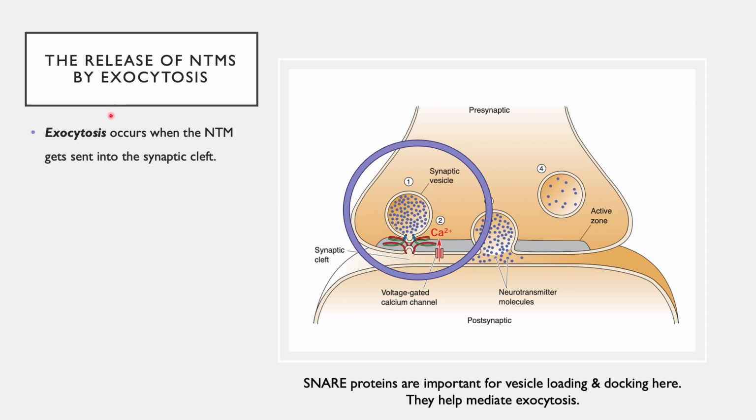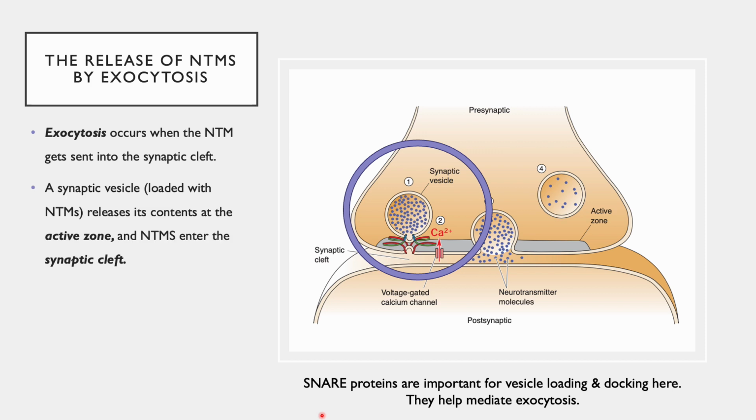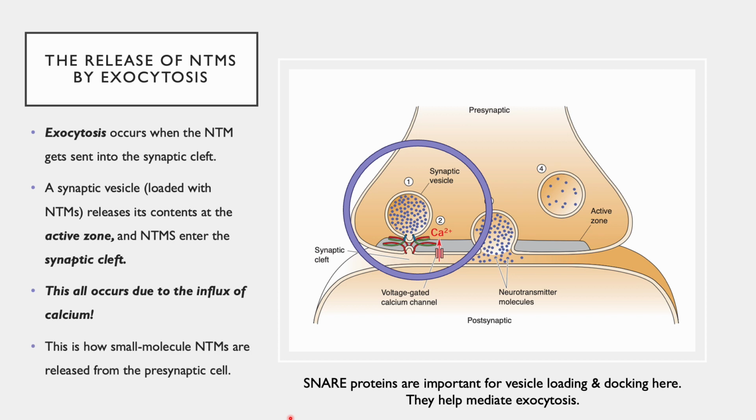Exocytosis occurs when the neurotransmitters are actually sent into the synaptic cleft. So this synaptic vesicle shown here is loaded with neurotransmitters and needs to release its contents into the active zone. Thus, these neurotransmitters can enter into the synaptic cleft, which is that small space in between the presynaptic neuron and the postsynaptic neuron. This all occurs due to the influx of calcium and wouldn't be possible without calcium.